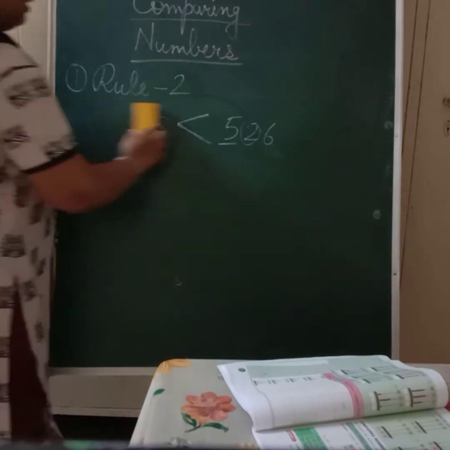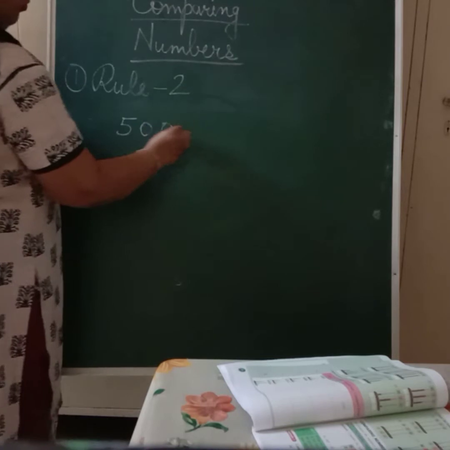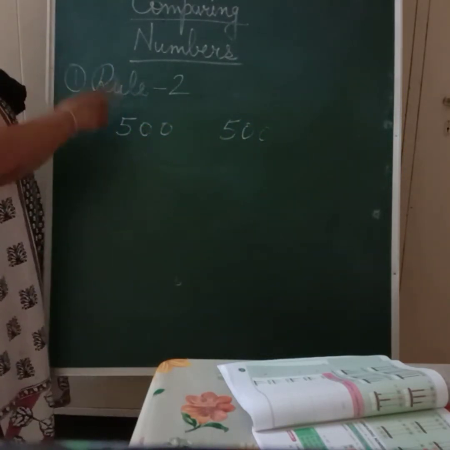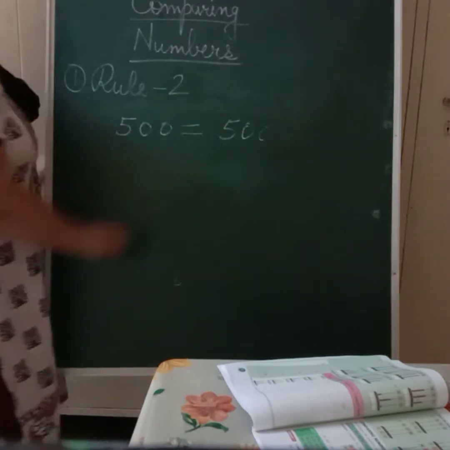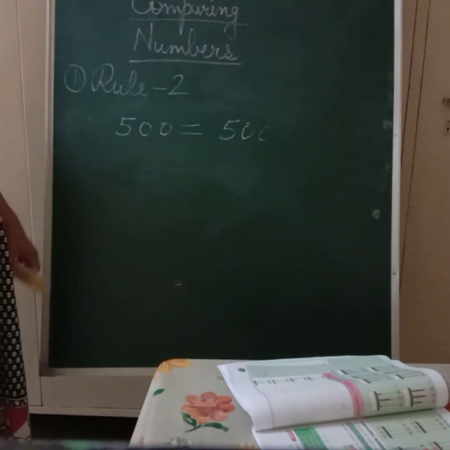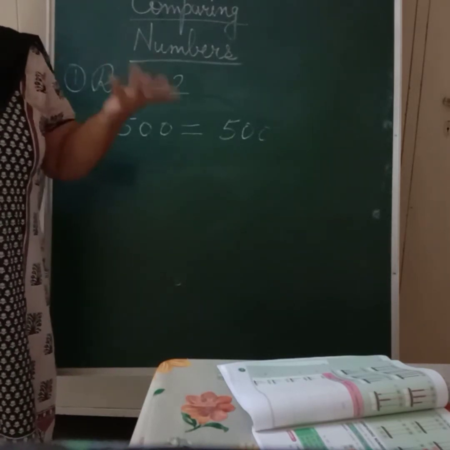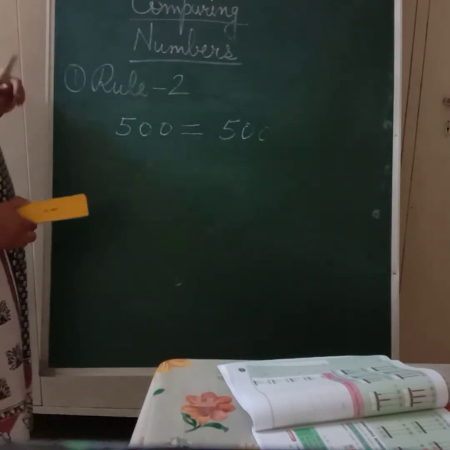Now suppose I give you this number. So hundreds is same, tens is same, ones is same. So we say both numbers are equal. Okay. If a 2-digit number and a 3-digit number are there, definitely the 3-digit number is greater. But this was the first rule.